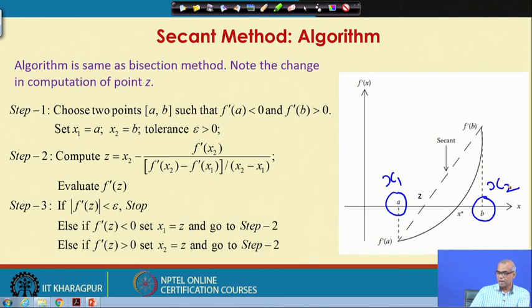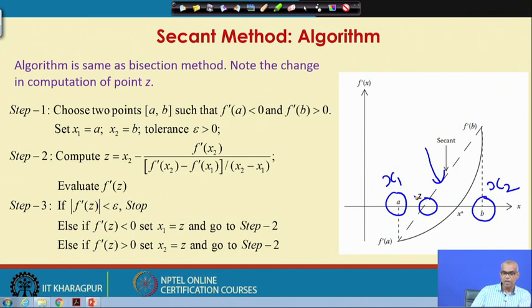Now, I draw the second line. So, this is the second line, and the second line crosses the x axis at z. So, this z is basically the solution of the second line and the x axis, the crossing point.